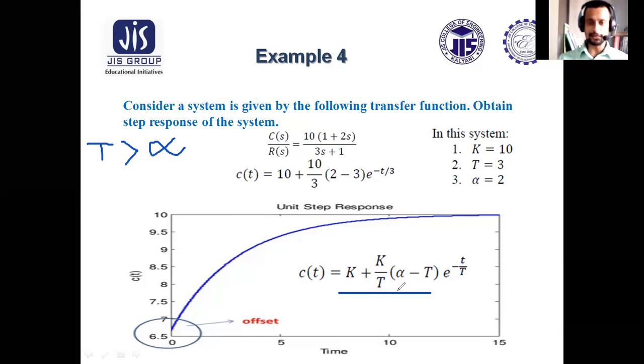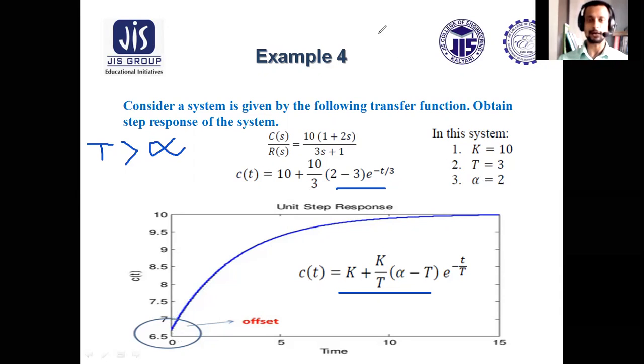Now, substitute the values of K, T, and alpha in this general expression, and you will get this output. This is the step response curve. Can you find any difference between this step response and the step response of a system having no zeros, which was discussed in the last class?